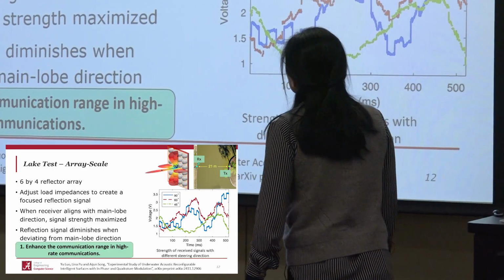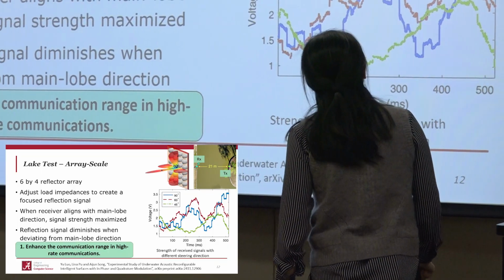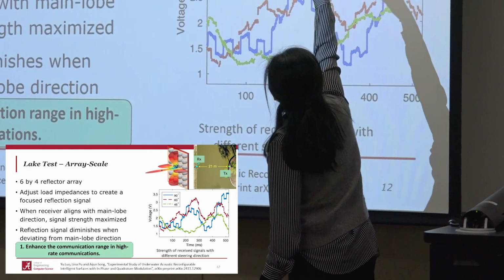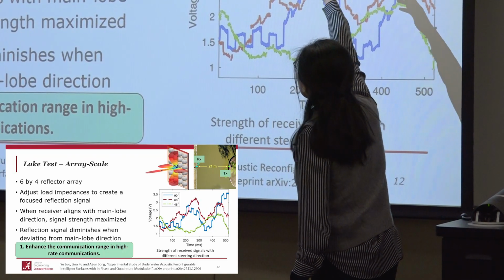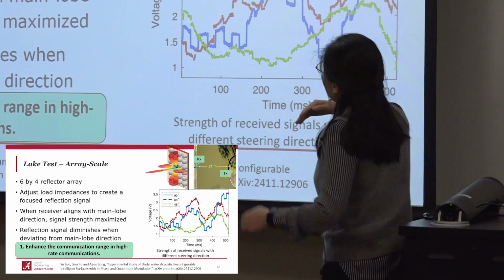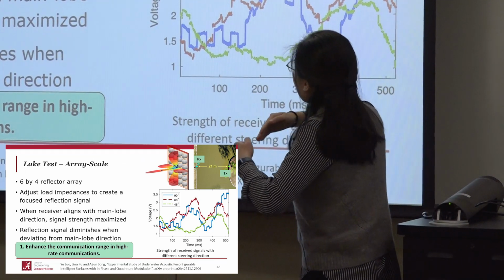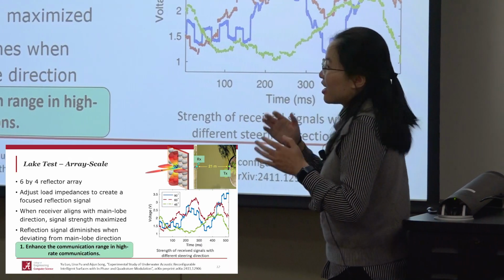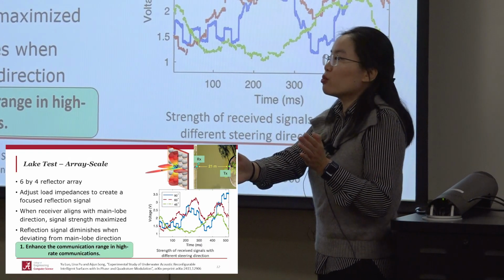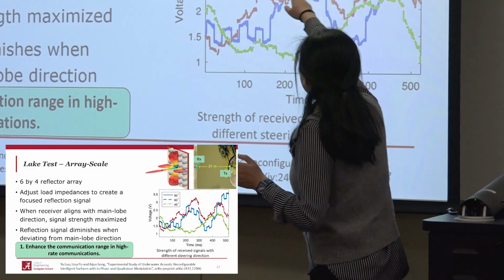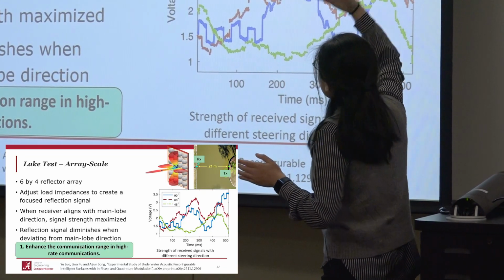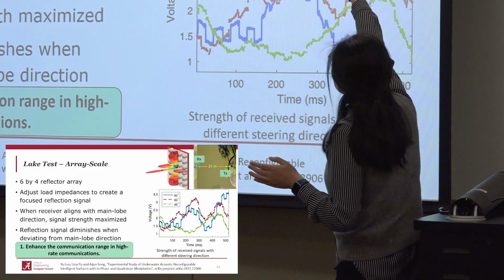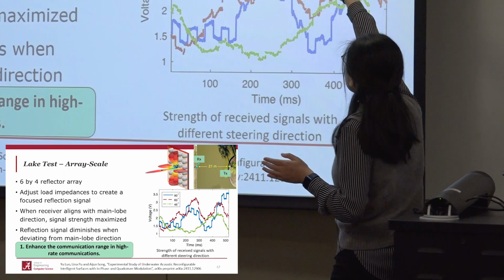So in order to achieve this specifically, what we did is change the impedance of all 24 reflectors. So when the impedance of all 24 reflectors are identical, the directionality will be 90 degrees to the reflector surface. So that direction aligns with the receiver's direction.